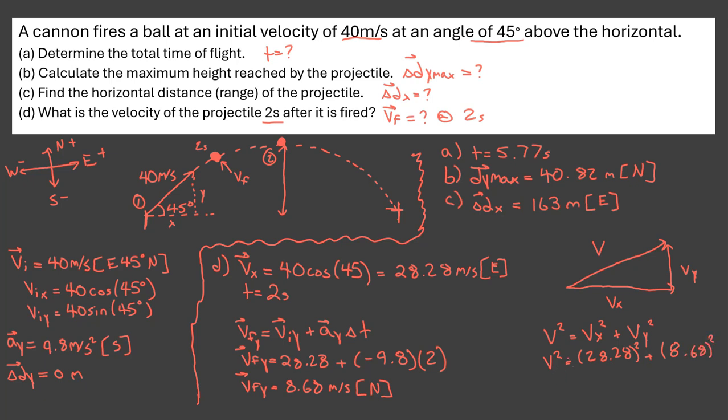And then when I rearrange everything and square both sides, I'm going to get a final velocity of approximately 29.58 meters per second.